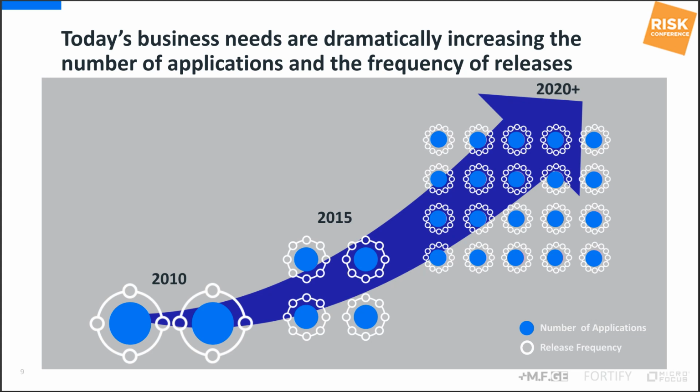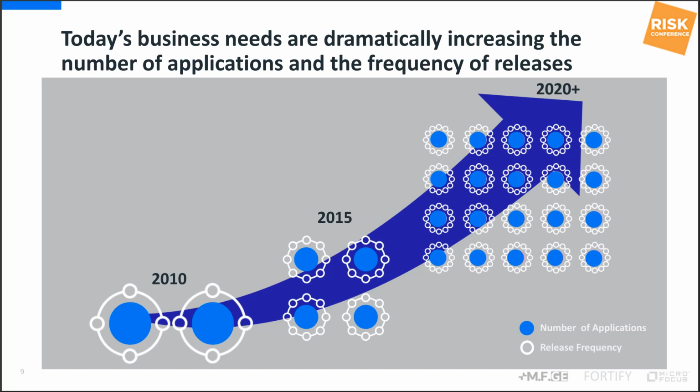The number of applications today has dramatically increased, and the number of releases as well, because about 10 years ago an organization could run on only one or two applications, releasing new versions maybe quarterly or twice per year.